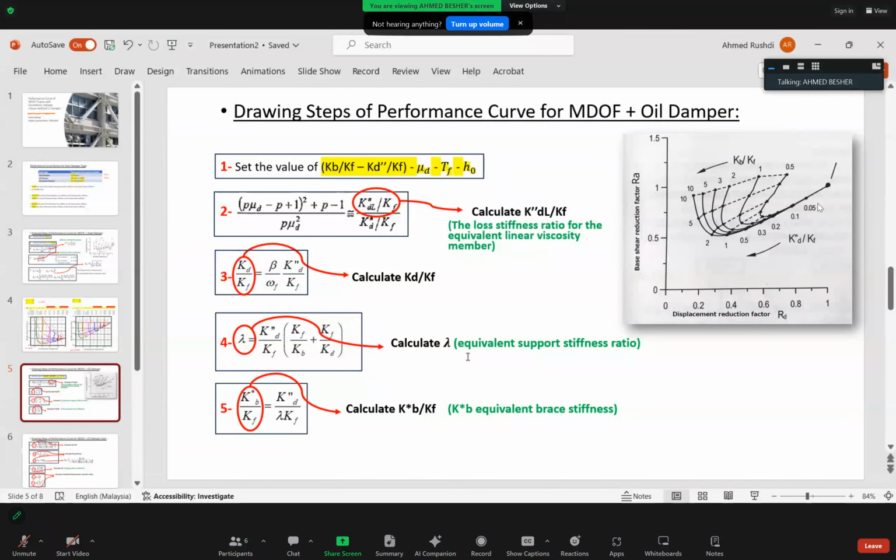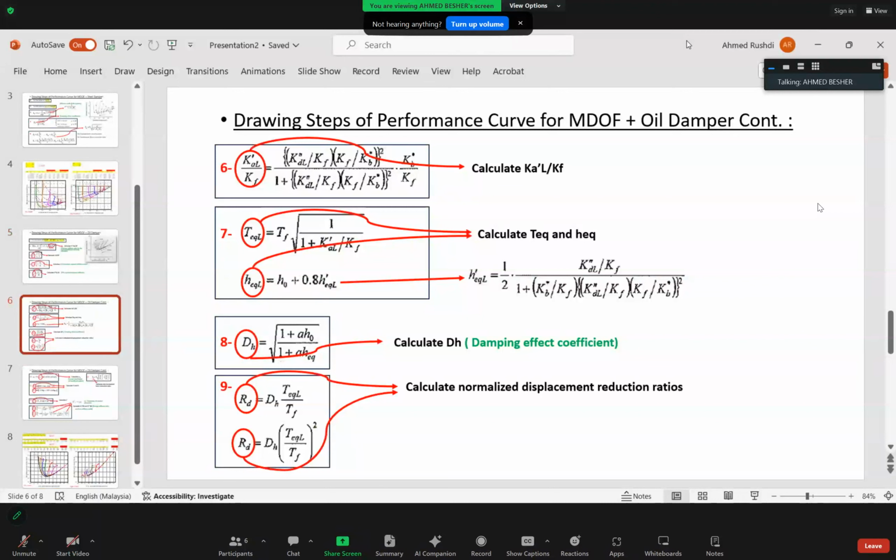After calculating lambda, we can get on the fifth step the equivalent brace stiffness from this relation to substitute in the sixth step to get the equivalent linear stiffness ratio of the added device to the frame stiffness, to substitute on the seventh step to get the equivalent time period and the equivalent damping ratio and use it to calculate the damping effect coefficient.